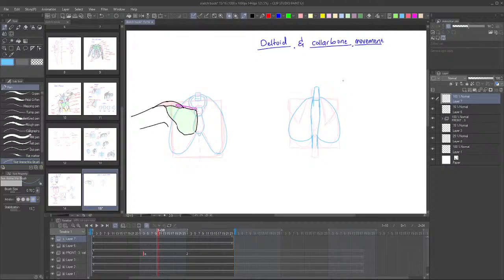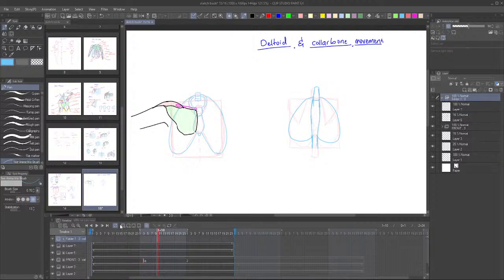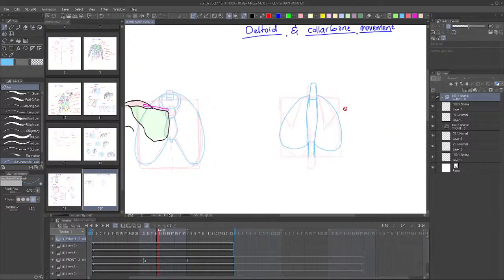So mostly we're going to be using the traps, the deltoids, the shoulder muscles, the shoulder blades.